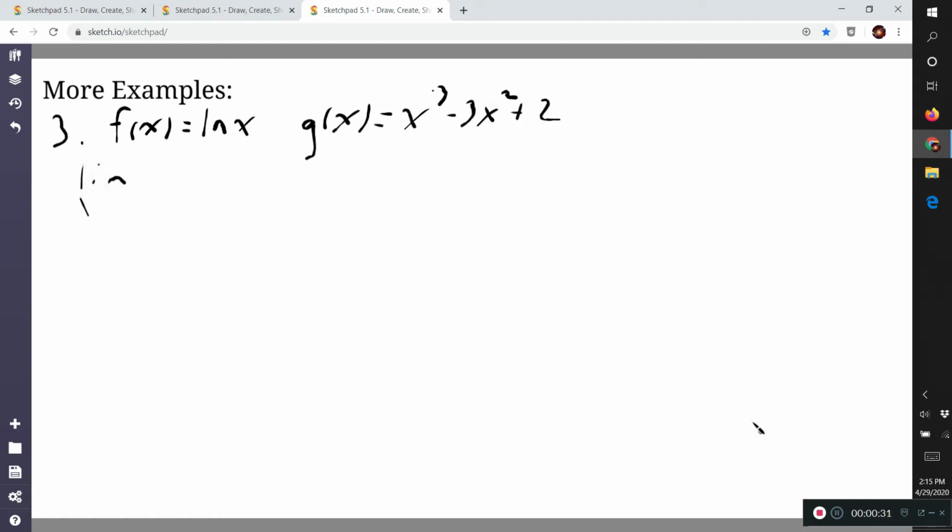So sometimes choosing which one goes on top can make things easier. Here I'm going to do ln x. If you have a natural log, a lot of times it's easier to put it on top. It's not necessary though. So if we plugged in infinity, we get infinity over infinity.